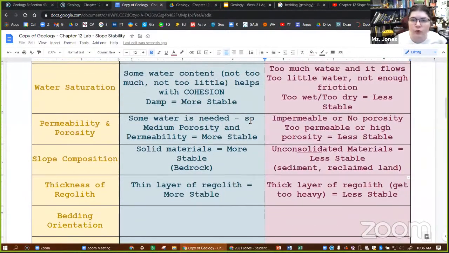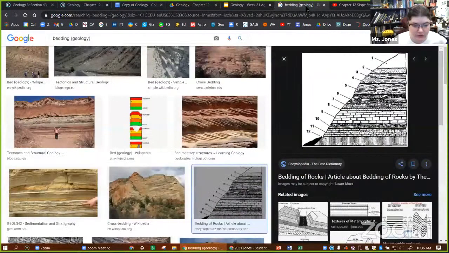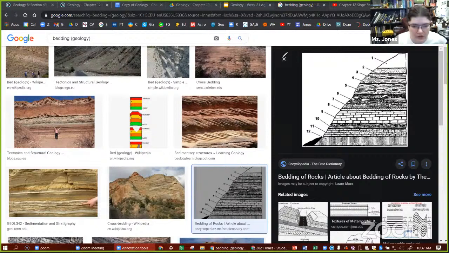All right, now bedding orientation. This one I really got to show you. So here is some bedding. If I were to draw, here's the slope, and here is the bedding angle.